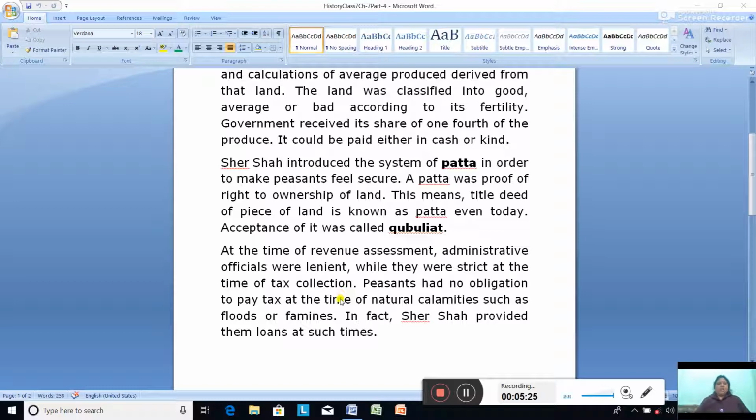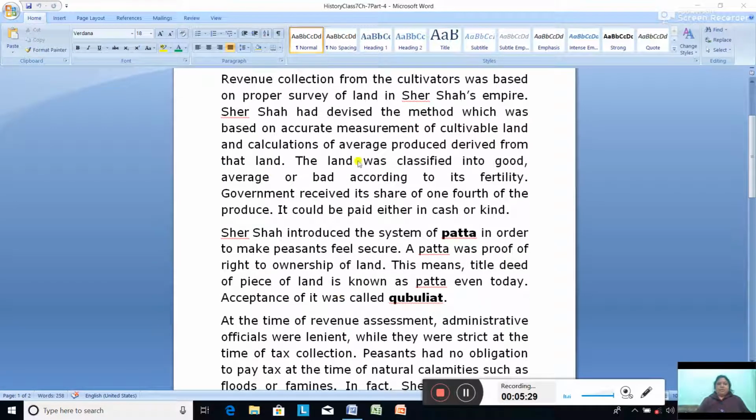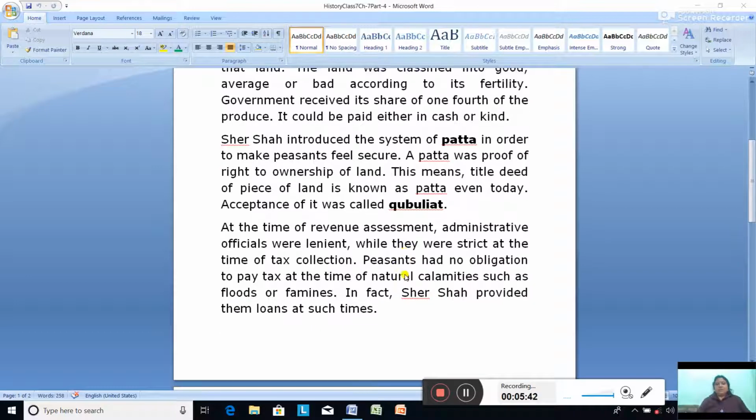So you studied in land reform about the measurement of land and fixing the land revenue. Then you studied about the new system introduced, the patta, and acceptance of this patta was known as Kuboliyat. At the time of revenue assessment, the administrative officials were lenient, but at the time of tax collection they were very strict.